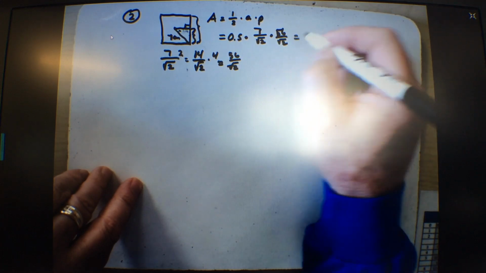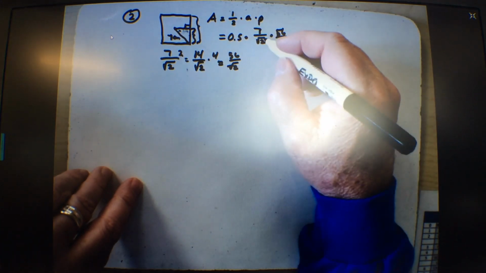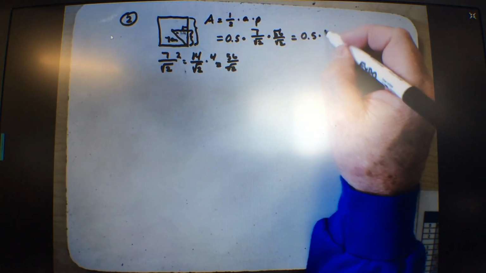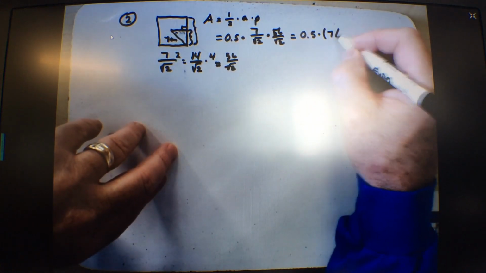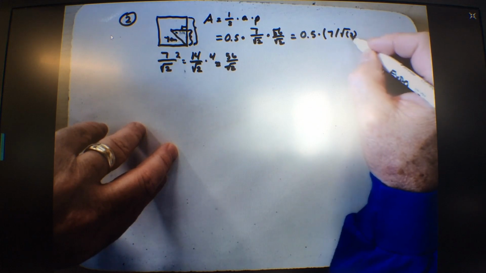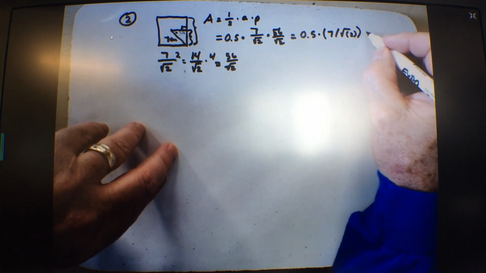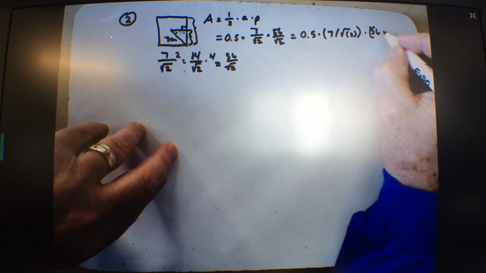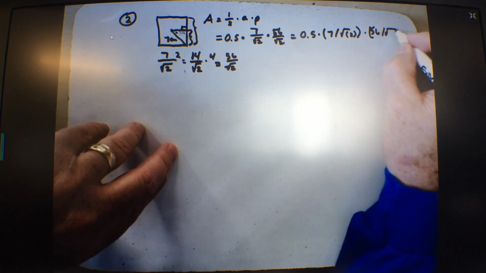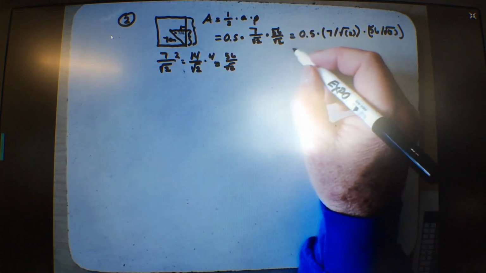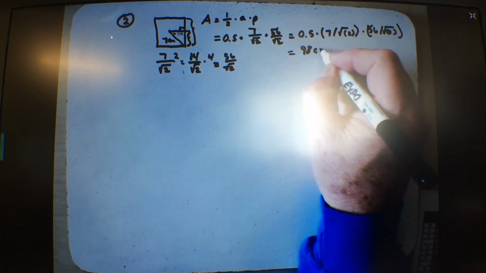Now, when you plug this into your calculator, since you've got division, I think you're going to have to put parentheses here. I think it looks like this. Okay, try that, and the answer they say is 98 centimeters squared.